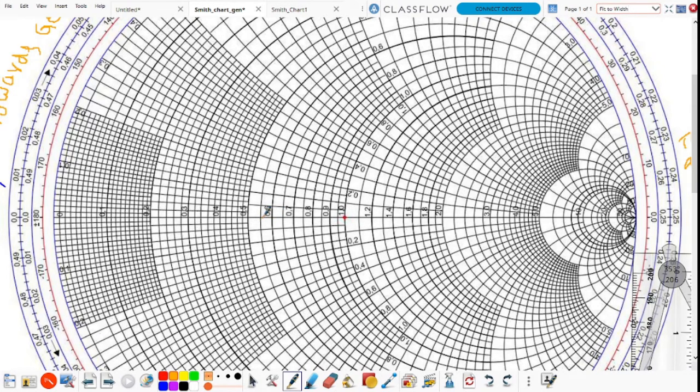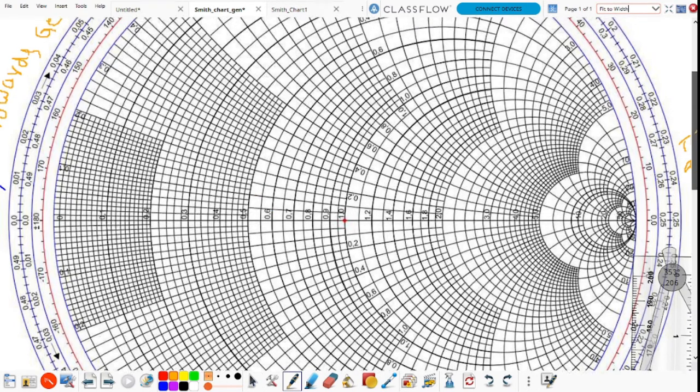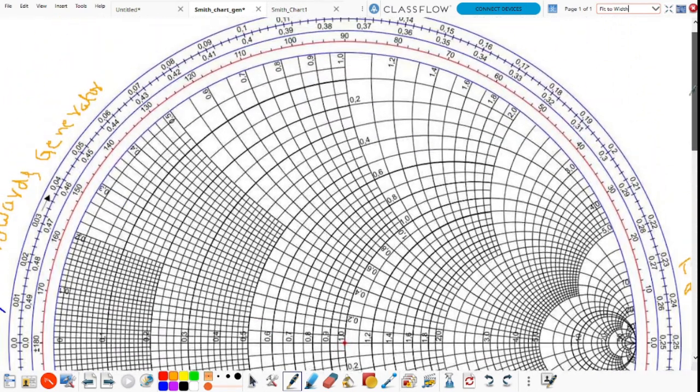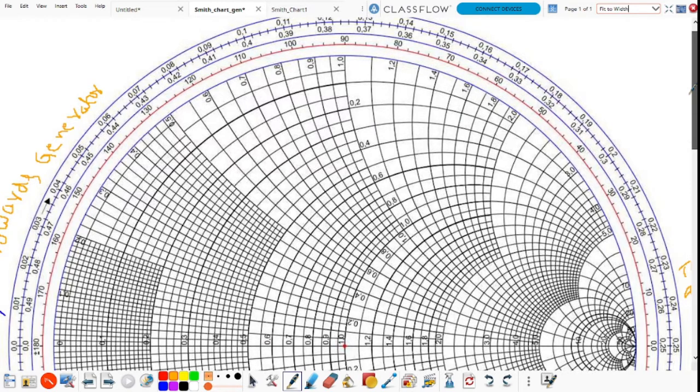Now what is the constant circle of R? 0.58. So this is 0.58. And what are the constant reactance circles? X is equal to 0.69.